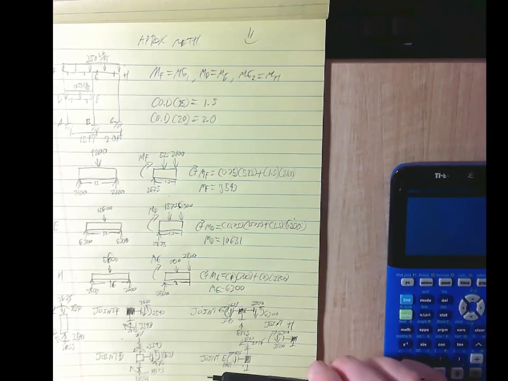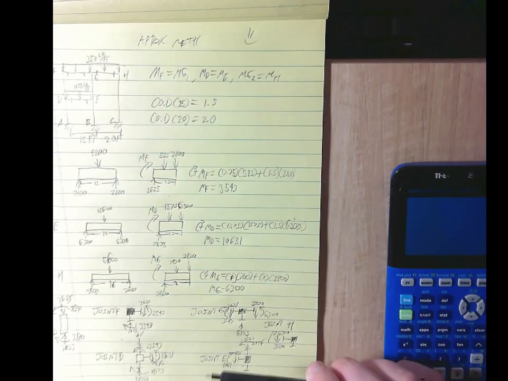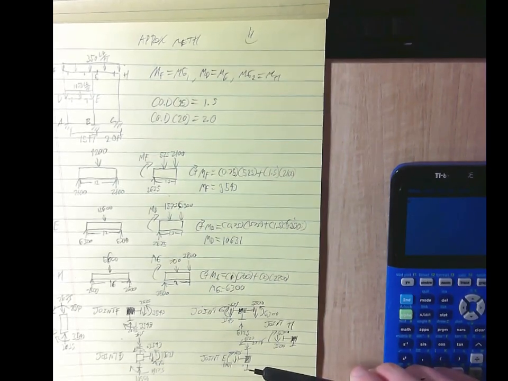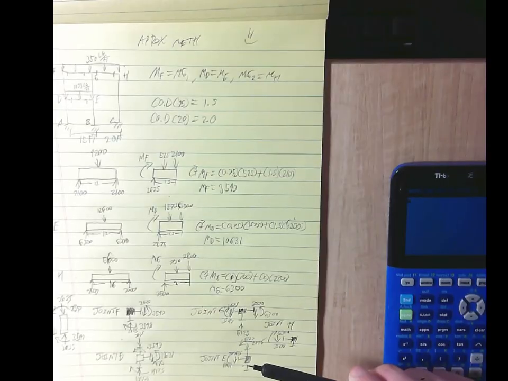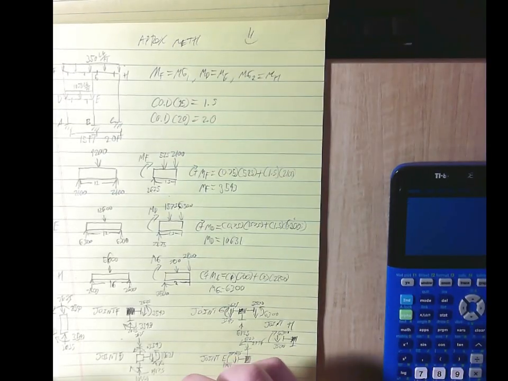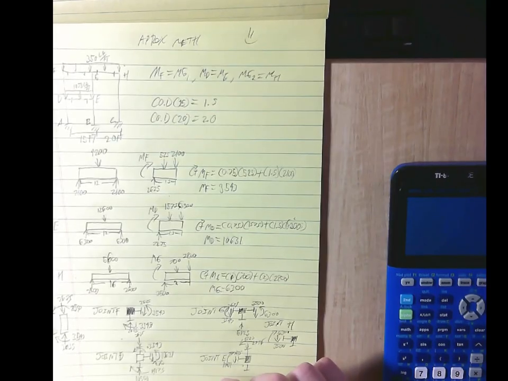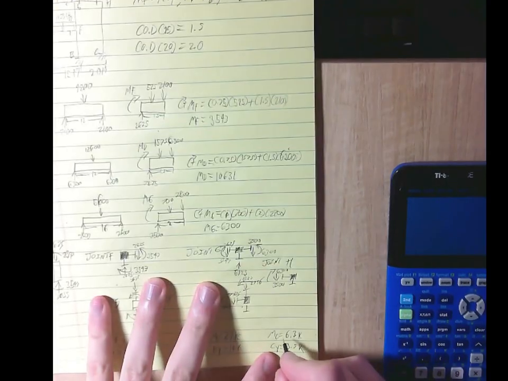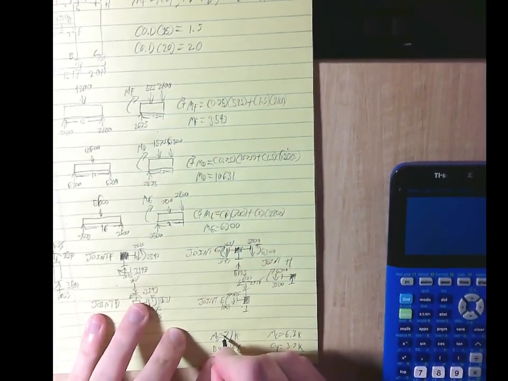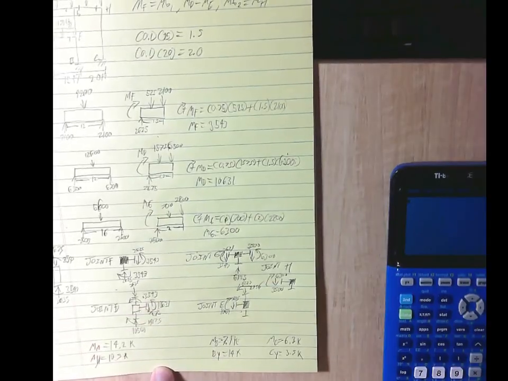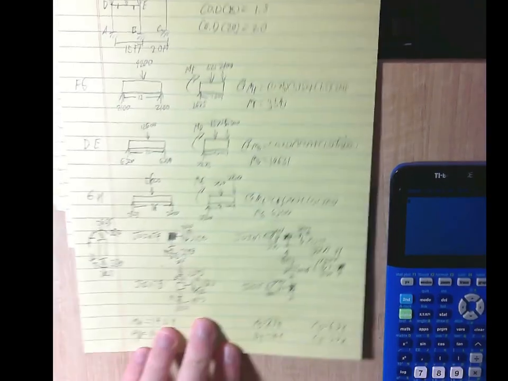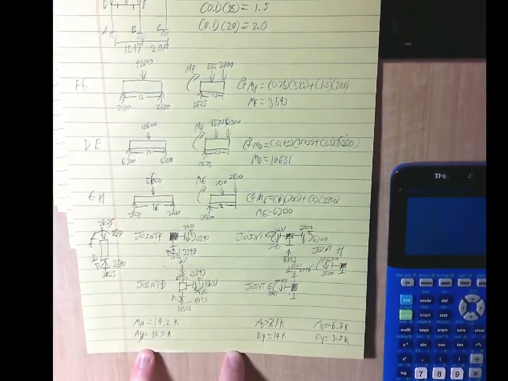Moment B is 7.9. And this is 6.3. Oh. Sorry. That's negative. And that's negative. My bad. So there you are.